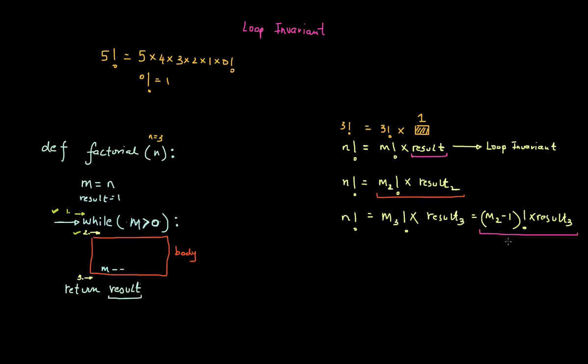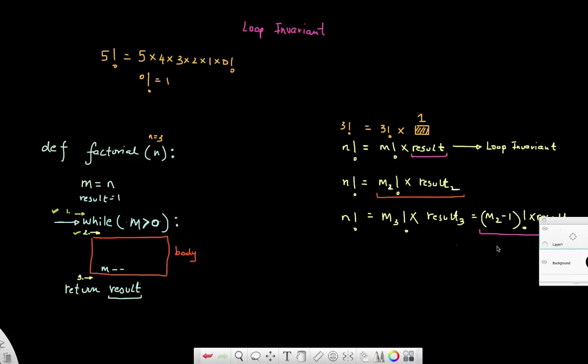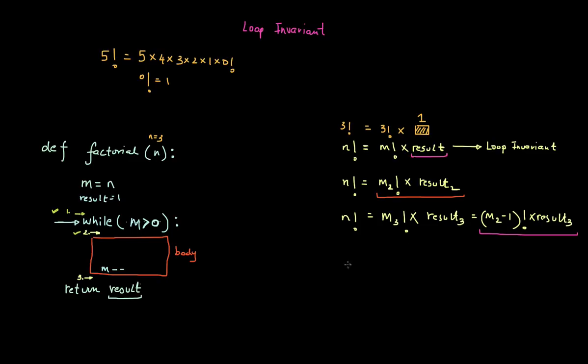If this piece in orange and this piece in pink are equal to each other, I can rewrite this as m subscript 2 factorial times result subscript 2 equals m subscript 2 minus 1 factorial times result subscript 3. Okay, now could I do some more simplifications here?